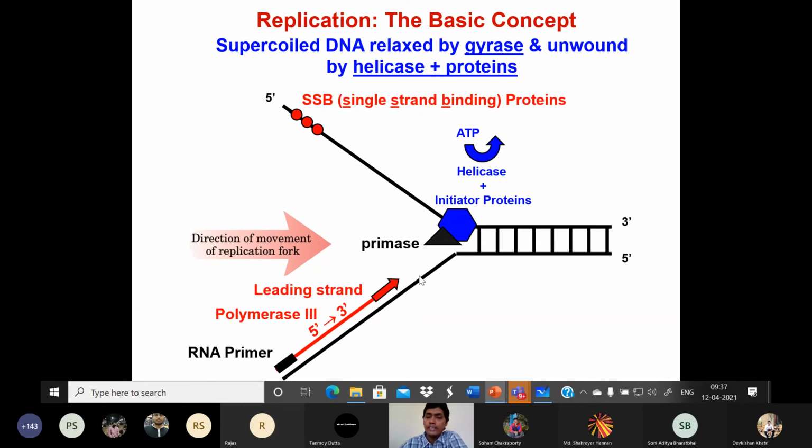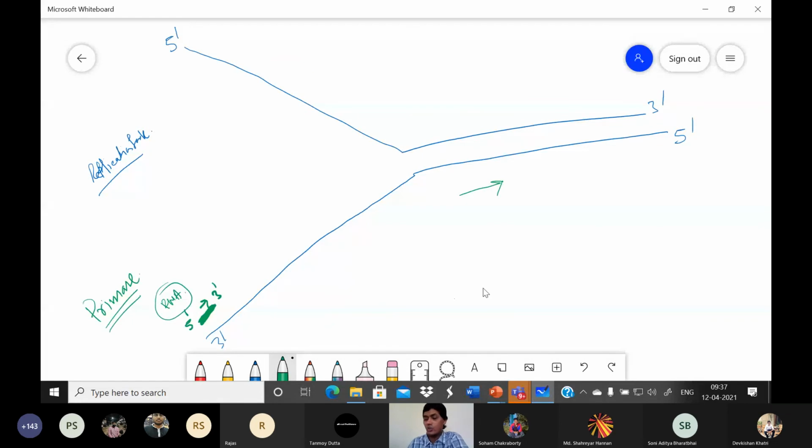Now the point is, what will happen to the other strand, how will it be synthesized? If I go back, I told you the leading strand is synthesized continuously, 5' to 3', and again you get double-stranded DNA after synthesis, and the fork will move in this direction.